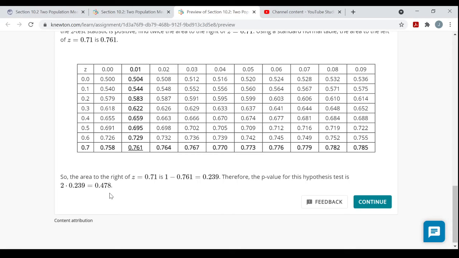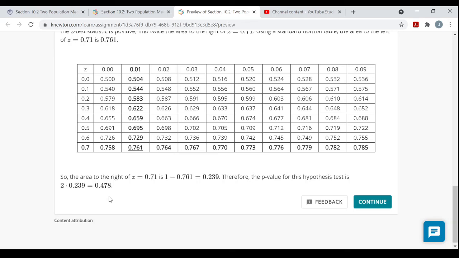And that's a pretty big p-value, almost 50%. That's pretty huge. And if you recall from most of our tests, the significance level, the value of alpha, is like 5% or 1%. This p-value would most likely be greater than alpha. And if you recall, when the p-value is greater than alpha, you don't reject.